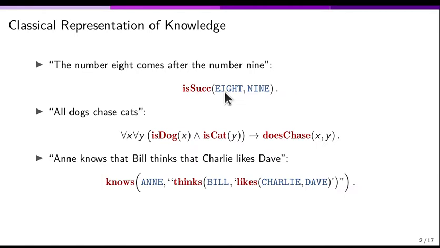In the history of cognitive science, there have been a whole bunch of different ways of representing this sort of thing. So how do you represent the idea that the number 9 comes after the number 8?